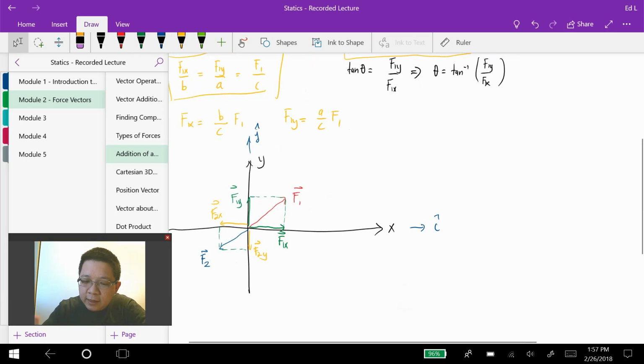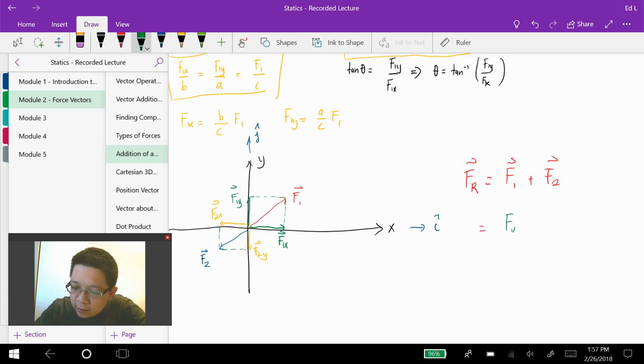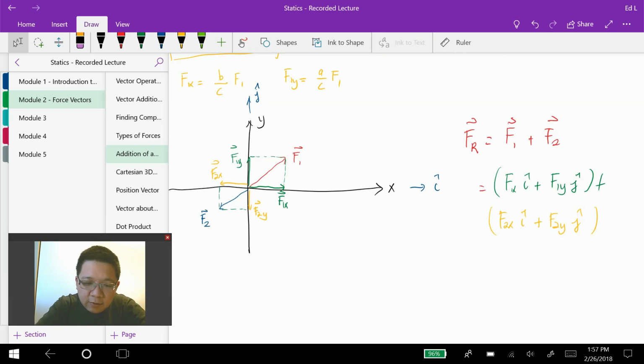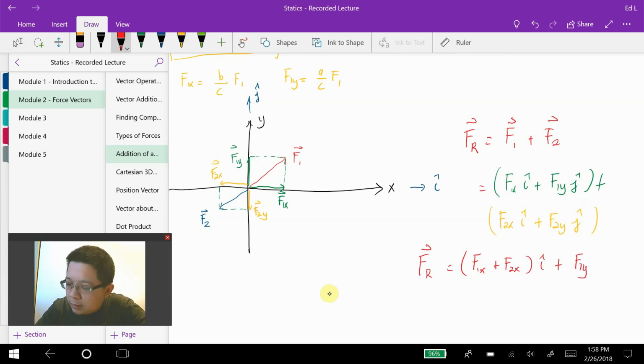If I define a resultant vector Fr as F1 plus F2, note that we can express F1 as F1x i plus F1y j plus F2x i plus F2y j, such that in here we will obtain Fr is equal to (F1x plus F2x) i plus (F1y plus F2y) j.